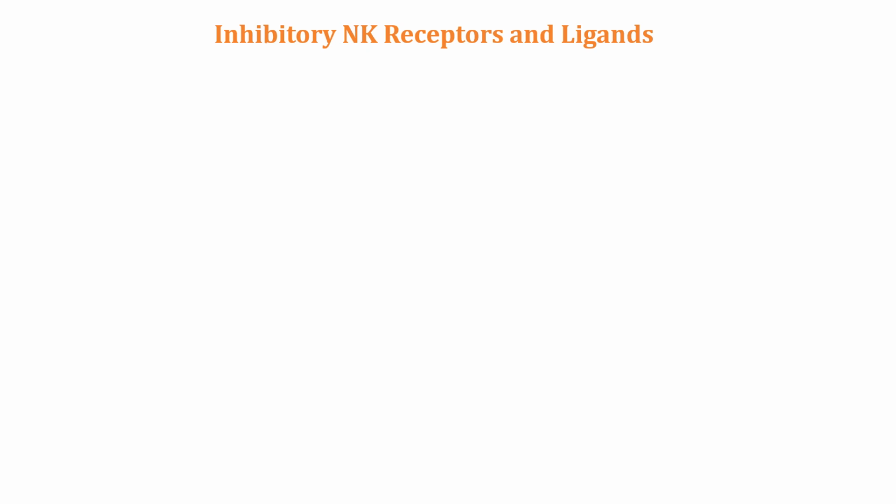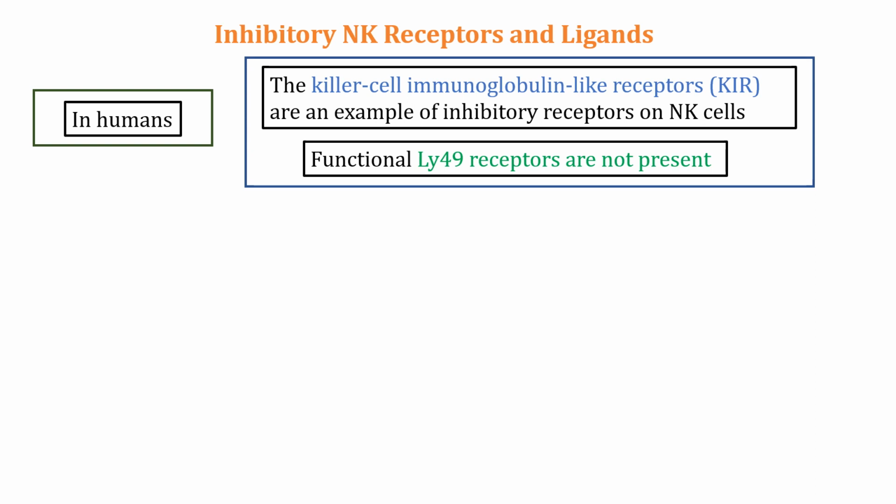Let's discuss which types of inhibitory receptors are present in humans. The most important receptor is the KIR, killer cell immunoglobulin-like receptor, an example of an inhibitory receptor of NK cells.